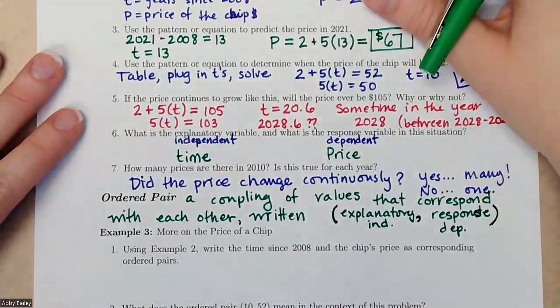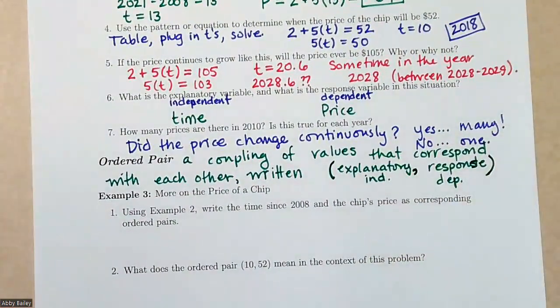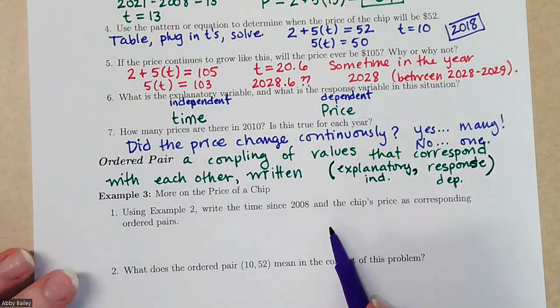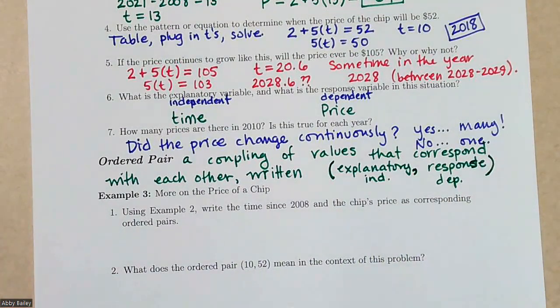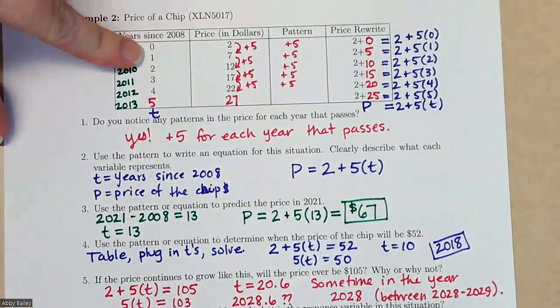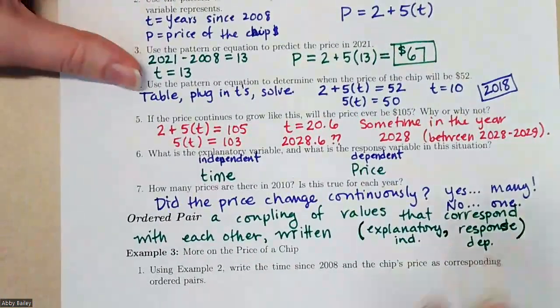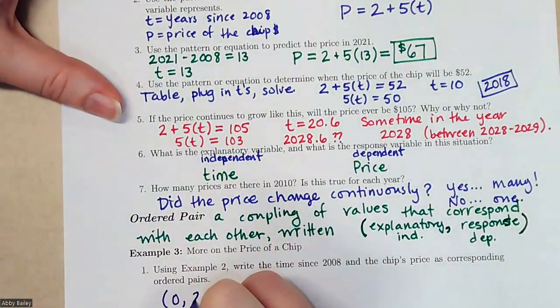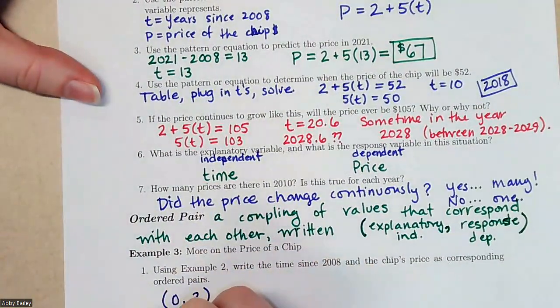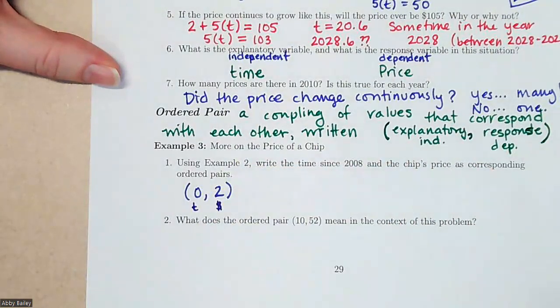So let's look back at the same example we just did with the price of a chip and go forward with it. Using example 2, write the time since 2008 and the chip's price as corresponding ordered pairs. If I look up here, 0 corresponds or is coupled with price 2. So my first ordered pair could look like (0, 2), where this is the time since 2008 and this is the price.